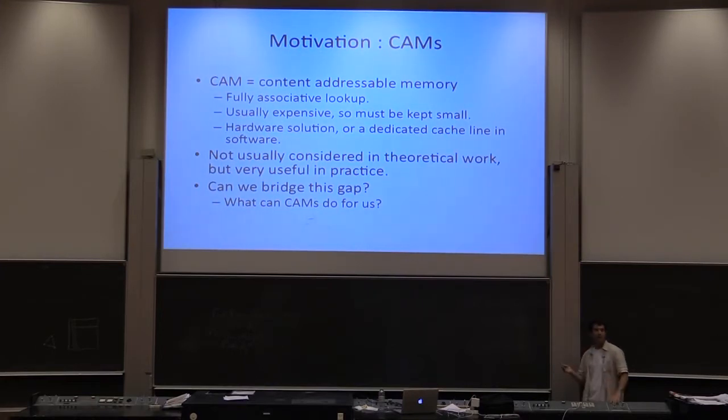Obviously, if I had a really, really big content addressable memory, I wouldn't need hash tables at all. I could just throw everything into it, and when I want to look something up, I say, find it for me, and it would find it in unit time. The problem is that the bigger you make these things, the more expensive they become, so there tend to be limits on how big you want to make your CAM. Smaller is better. But certainly you could think of it as holding one item or a small number of items.